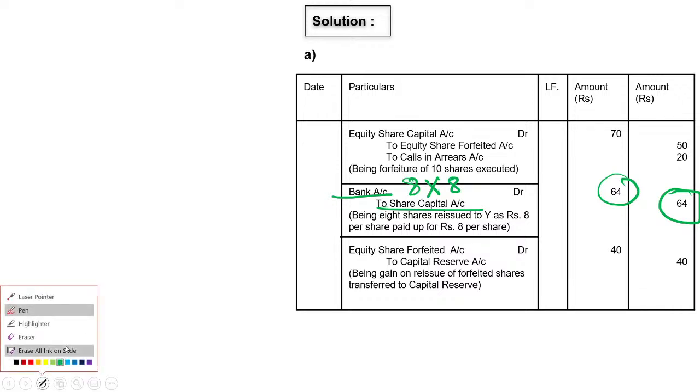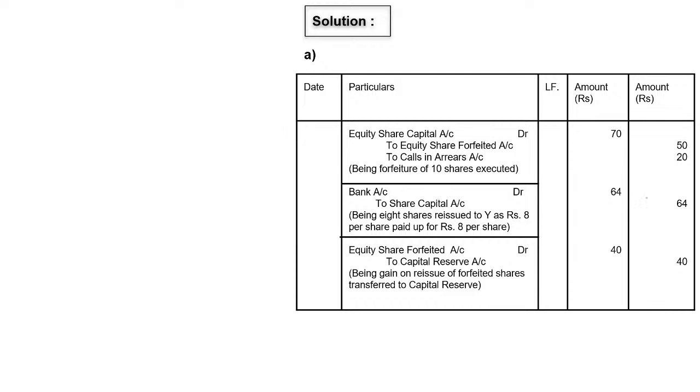So how will you transfer the balance to capital reserve? This 50 rupees share forfeiture balance, it is on 7 shares. So 50 divided by 7, per share gain is 7.14.